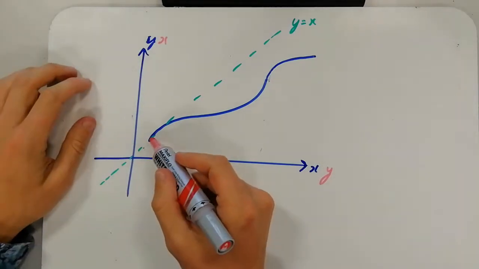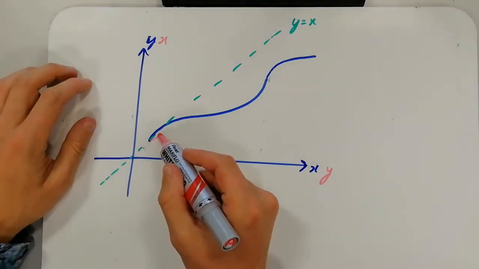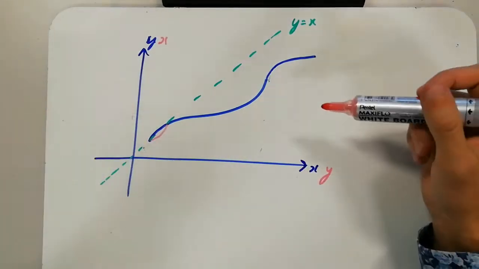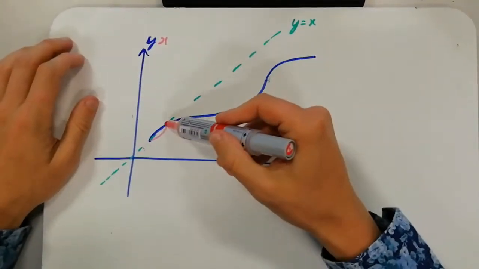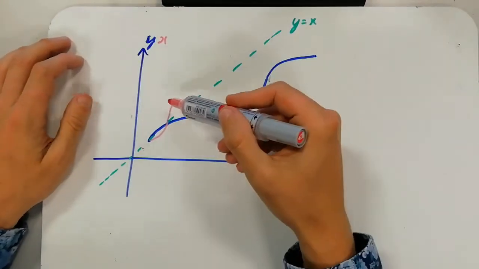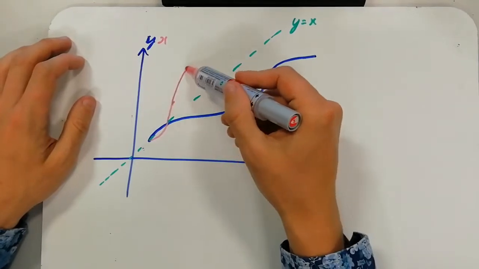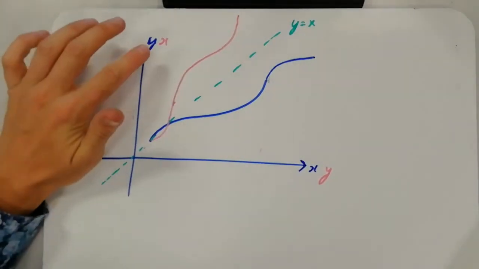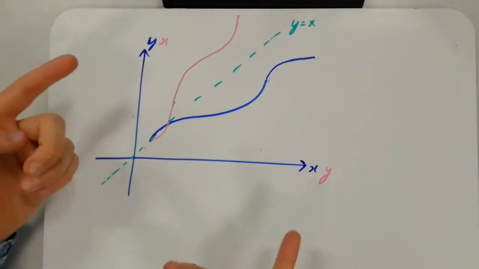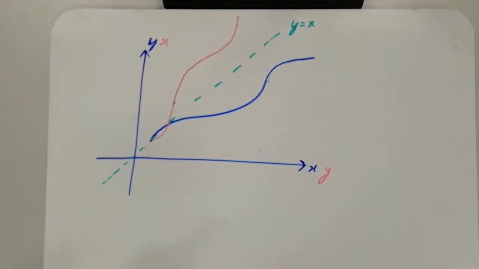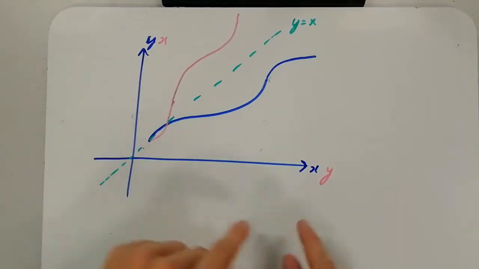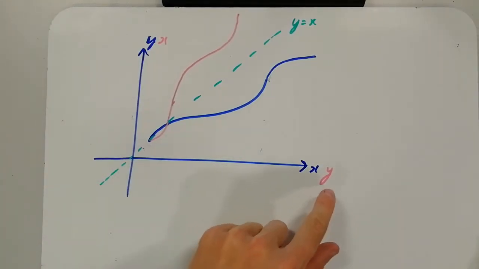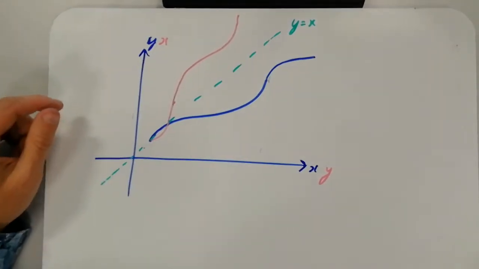Similarly, this graph would also be reflected. So the red graph is going to be the inverse function. So our inverse function will look something like that. Remember, the inverse basically swaps your inputs and outputs. However, it would look really awkward if we actually labelled this as y and x.